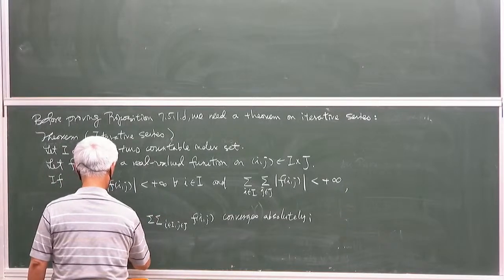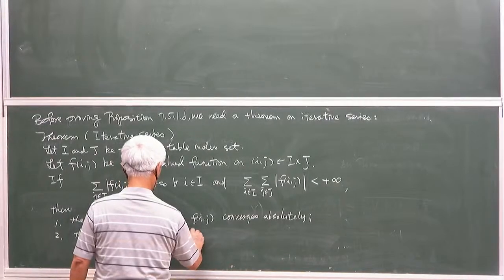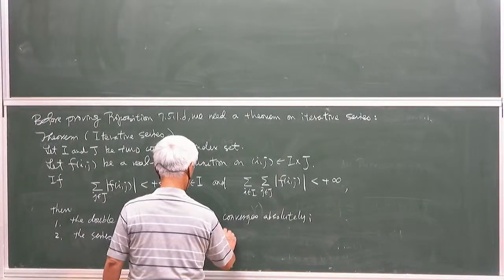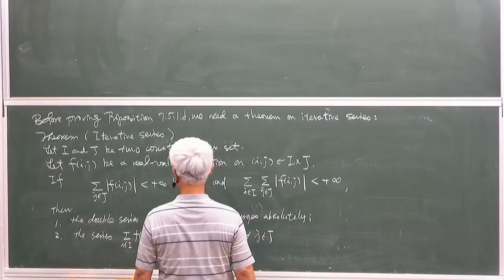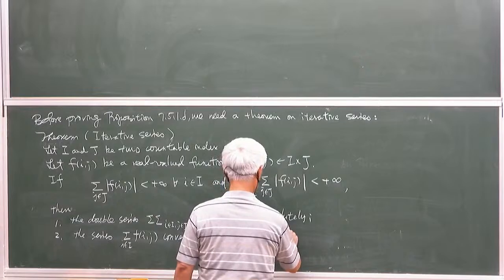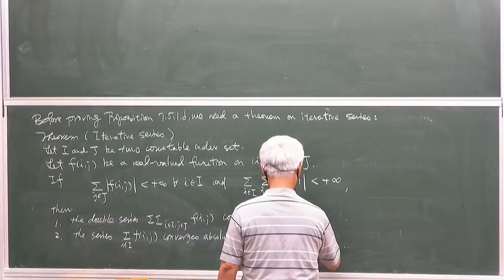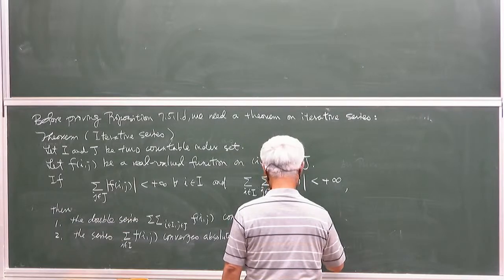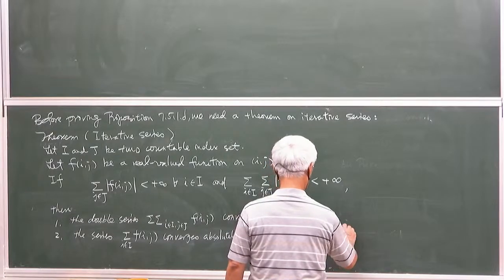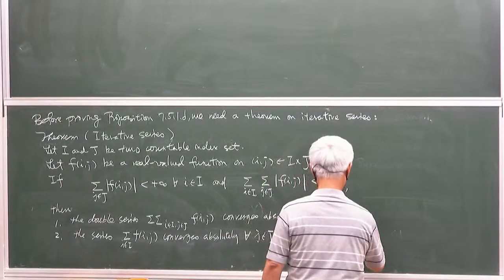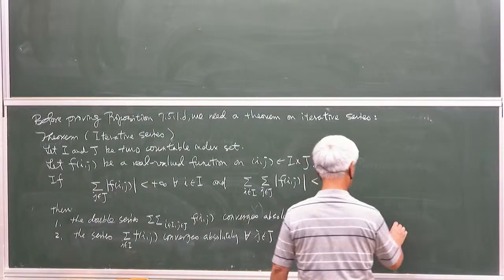I just need to say it converges absolutely for all j in J. And the summation over i converges absolutely.